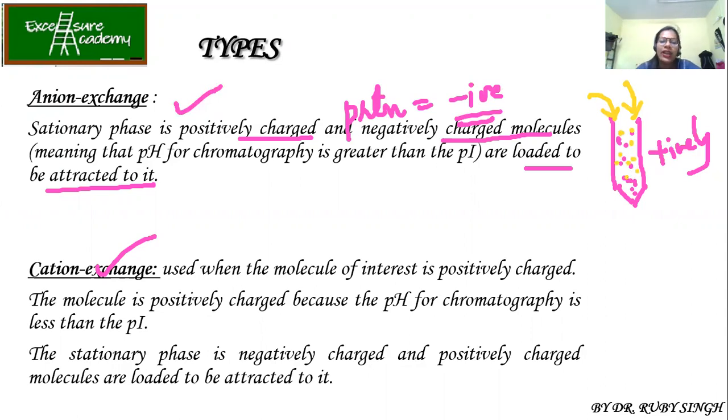Now in the case of cation exchange, it is just the opposite. So here the stationary phase is going to be negatively charged and your proteins are supposed to be positively charged to be attracted to it. Okay. So we have anion exchanger and cation exchanger. So you need to know what kind of proteins you want to separate.